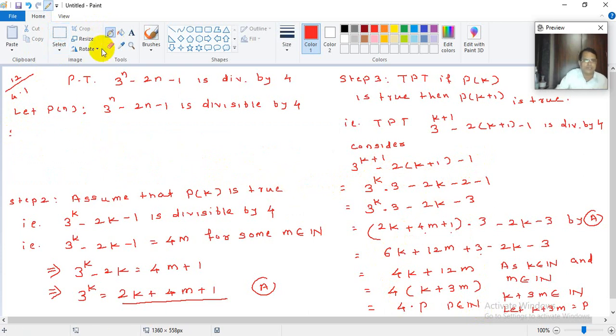Okay, so now I will say that is what? I am continuing here, that is 3 raised to k plus 1 minus 2 times k plus 1 minus 1 is divisible by 4. That is p k plus 1 is true.